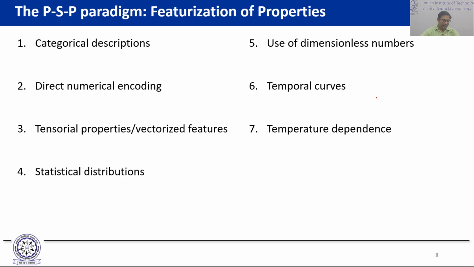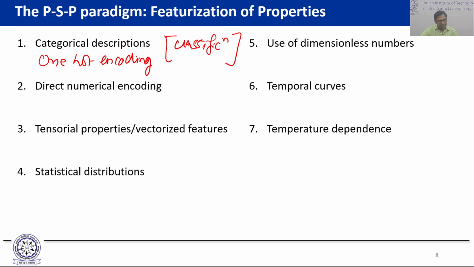Once again, you can have different types of descriptors, categorical descriptors where you do a one-hot encoding. So here maybe whether something is metallic or ceramic or polymeric, that matters. Especially if you have a situation where you are doing some amount of classification and you want to convert that into a numeric value, this type of categorical description will be quite useful.